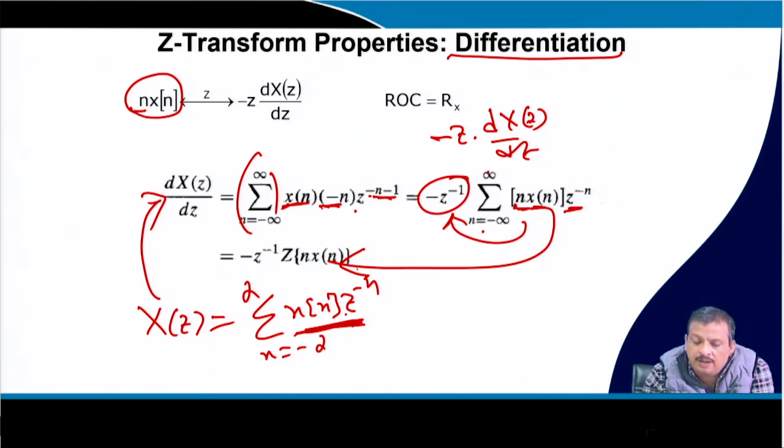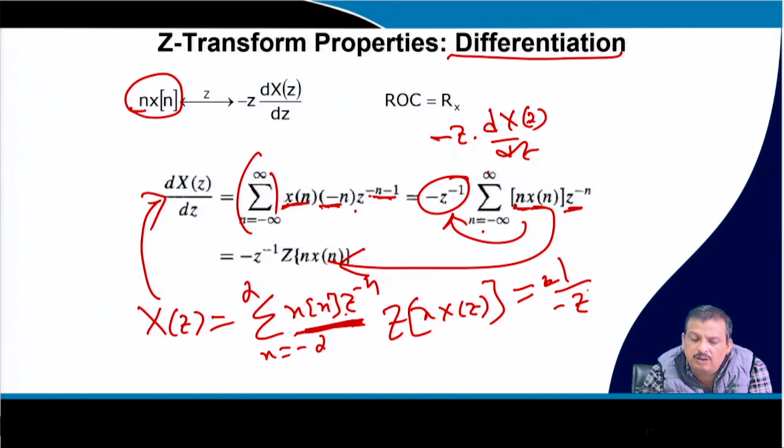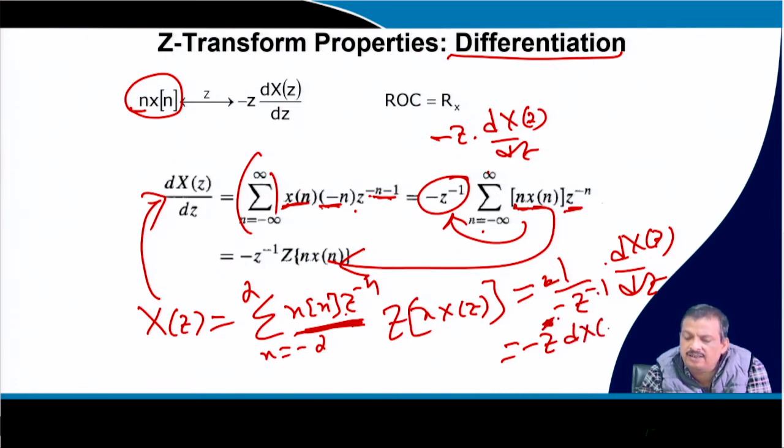So, I can say the z transform of n x of n is equal to minus z to the power minus 1 dX(z) by dz, which is nothing but, z to the power minus 1 will go up to plus 1, minus z dX(z) by dz.